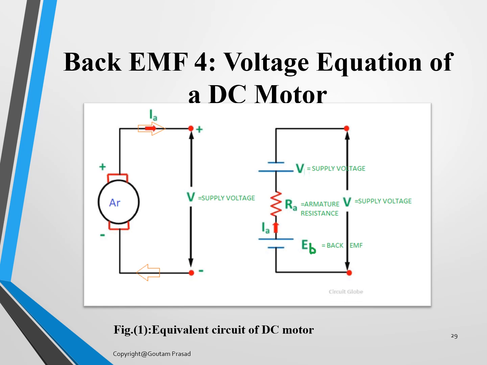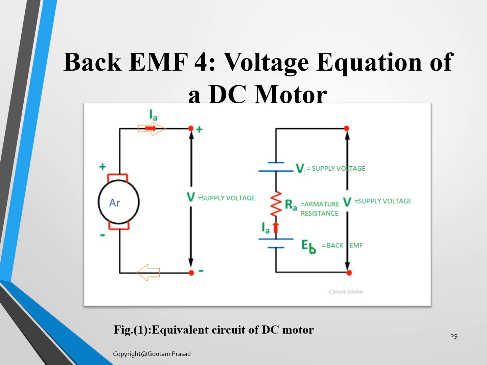This is the armature and this is the voltage supply with which it has been connected, causing an armature current of IA. Because of the rotation of the armature, there is an induced EMF in the armature conductors, called EB.